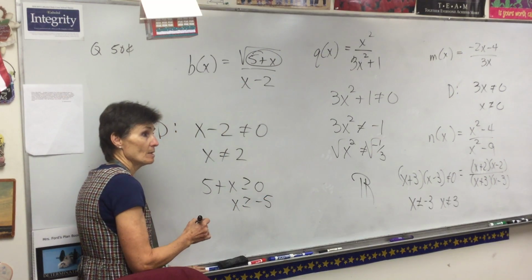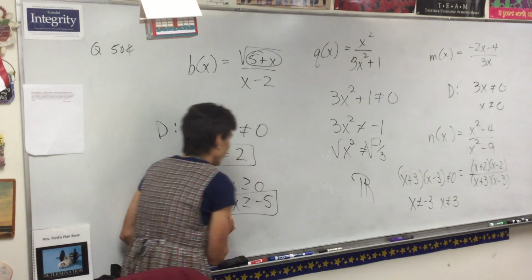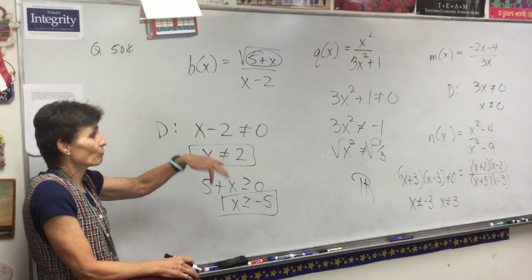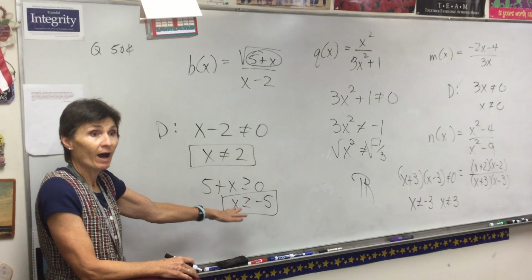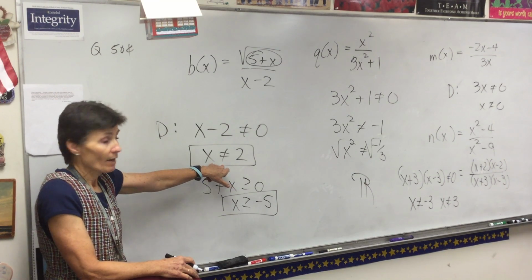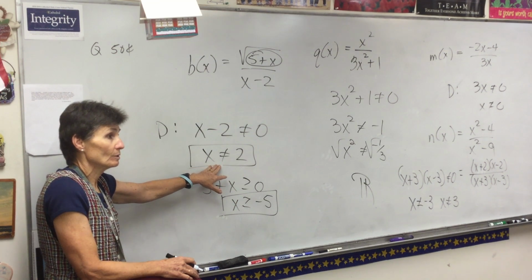Yeah. So your domain is a combination of these 2 things. Your domain is everything greater than or equal to -5 except 2. Everything greater than or equal to -5 except 2.